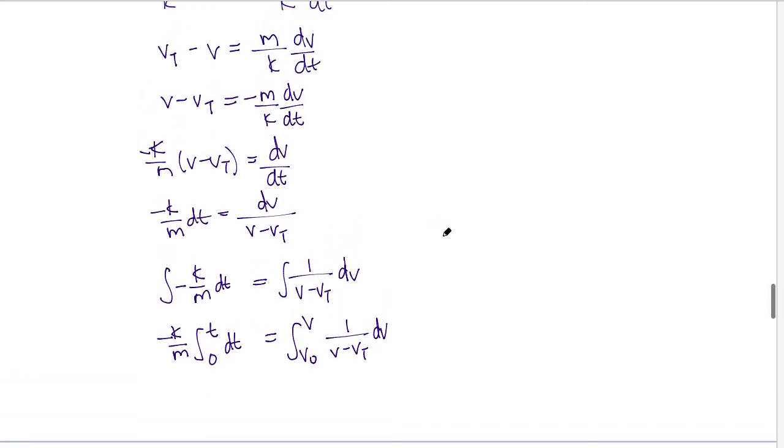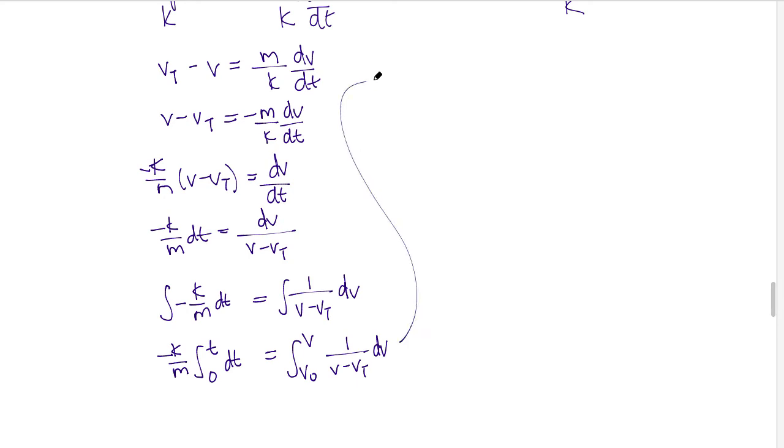Now, to solve for the function of velocity with respect to time, we're going to integrate. So the left-hand side just becomes negative k over m times t, because the integral of dt is just t, and it's evaluated at 0 and t, which just ends up being t in the end. On the right-hand side, we have the ln of v minus vt.